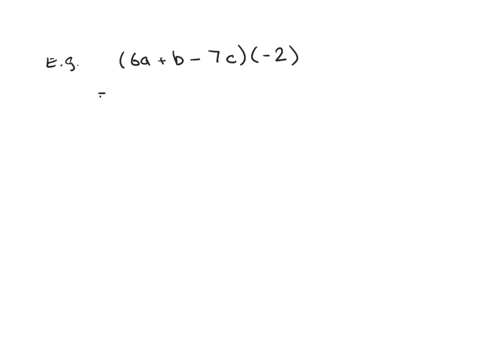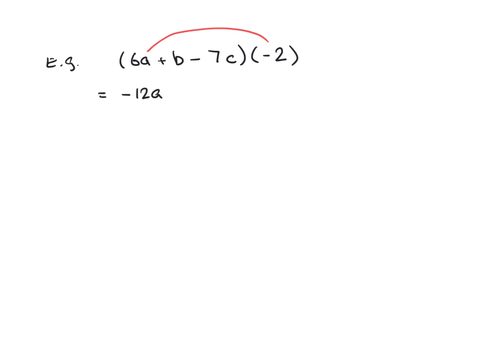And you would actually do the same thing. You would take that -2 and you would multiply it with every term inside the bracket. So the first thing to do here would be -2 multiplied by 6a. So that will give you -12a. You know, positive times a negative is a negative.